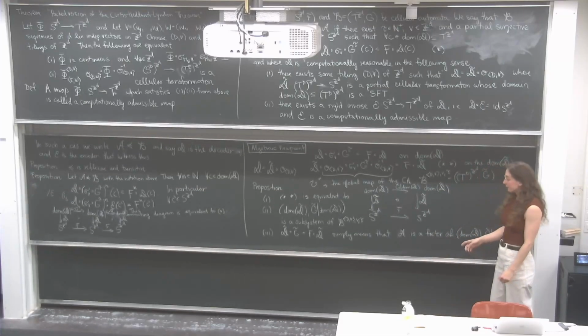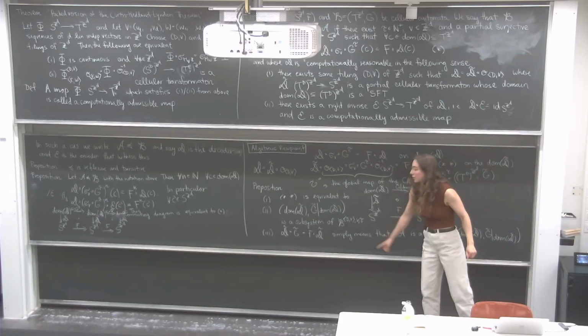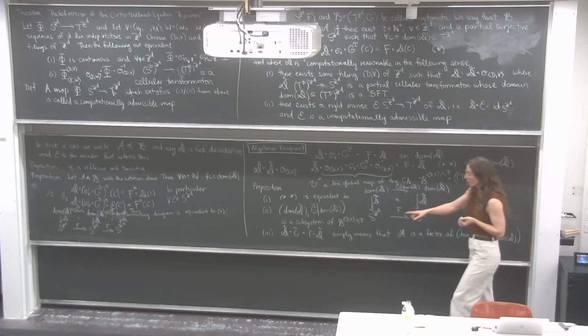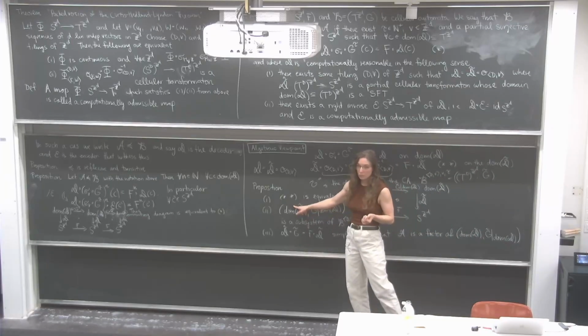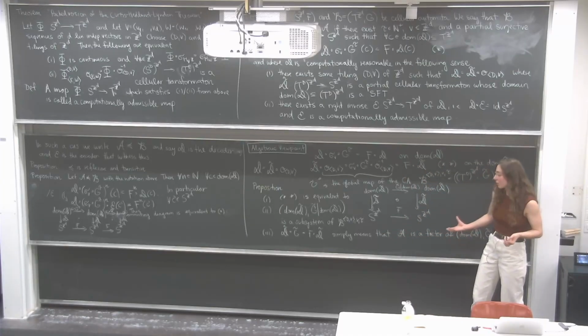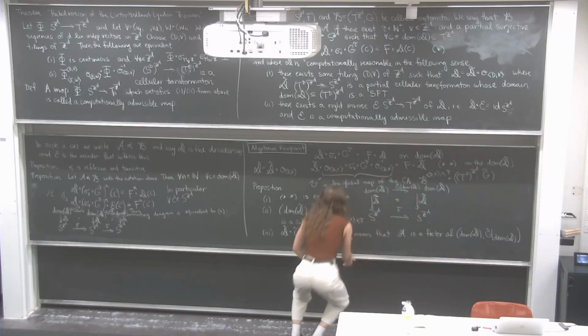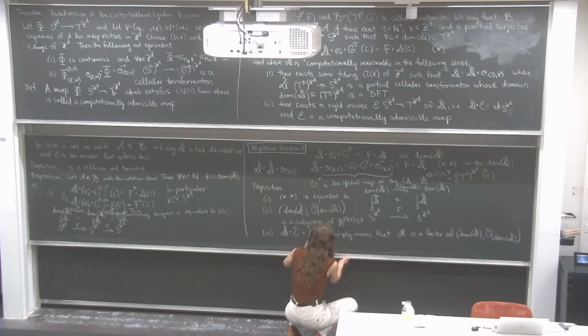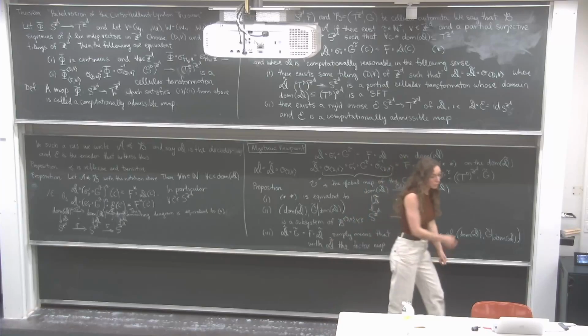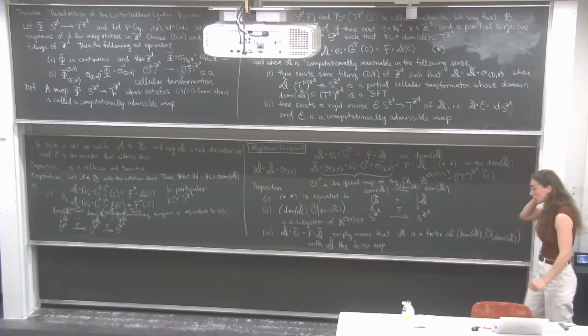And moreover, both this subsystem and this factor are, let's say, computationally reasonable, in the sense that this subsystem is a subshift of finite type. So we just have a finite description for that. And this factor, what is the factor map? It's just D tilde, which is a cellular transformation. So it is again an object with a finite description.